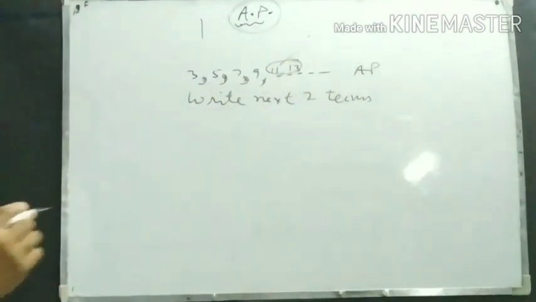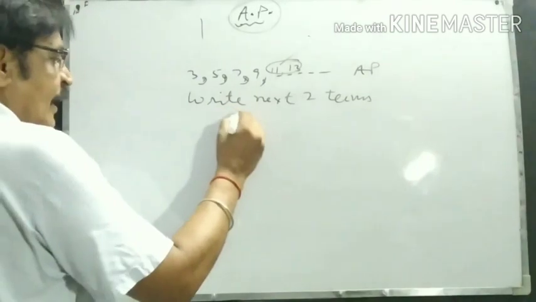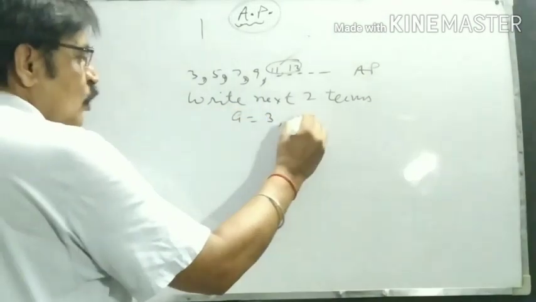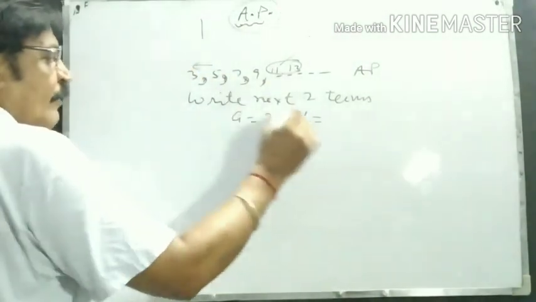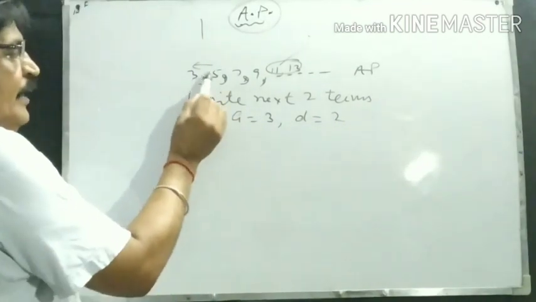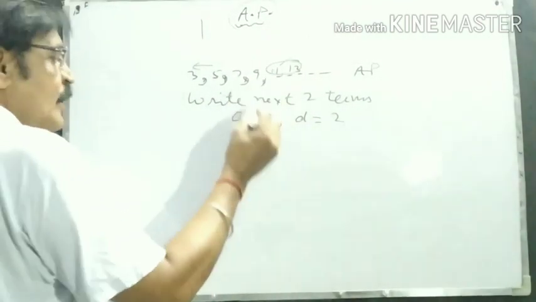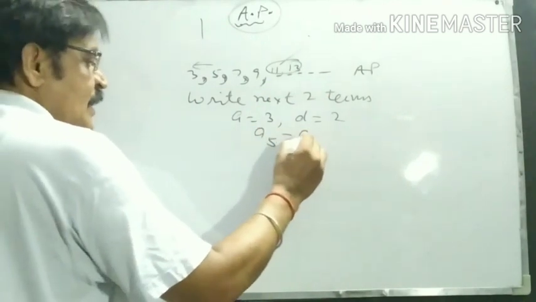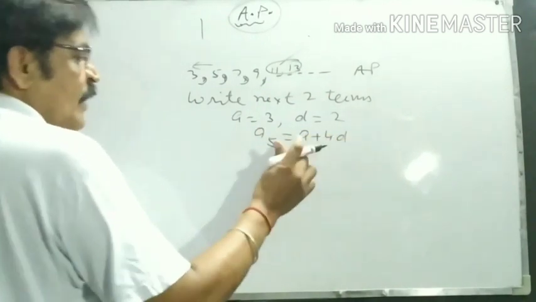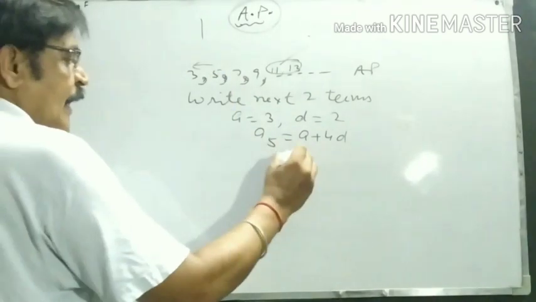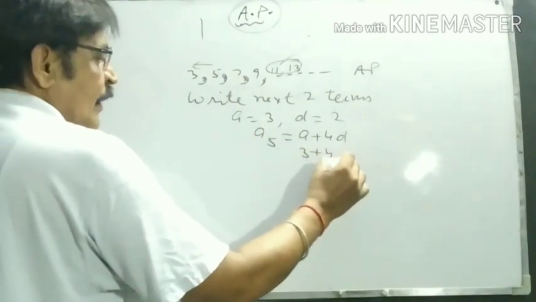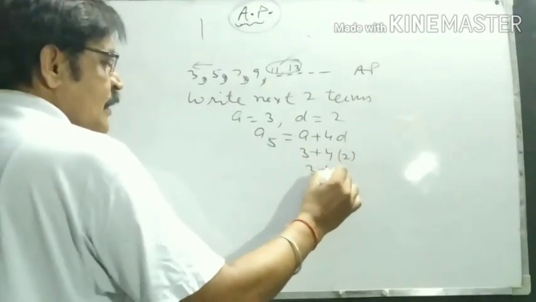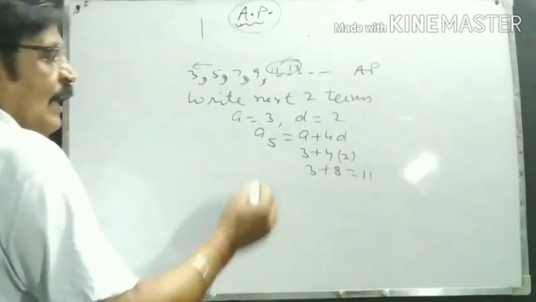But what is the logic? This is an AP. Why? First term is 3, common difference is 2. 1, 2, 3, 4, 5. It means we are supposed to find the fifth term. And the fifth term can be written as A plus 4D. In place of A you can put 3, then your common difference is 2. 3 plus 8, what do you get? 11.